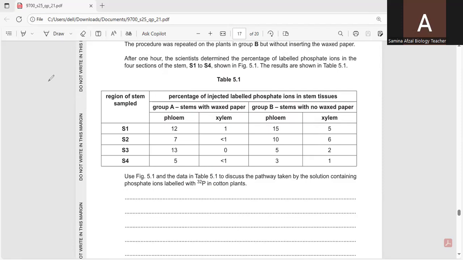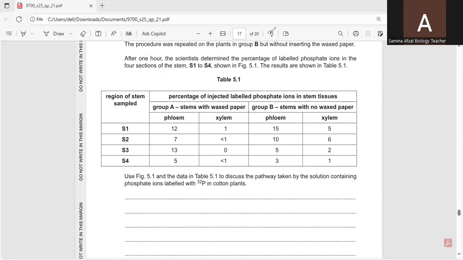The results are shown in table 5.1. You can see the group A stems with waxed paper and group B stems with no waxed paper. For S1, phloem and xylem, you can see values for both, the percentage of injected labeled phosphate ions.